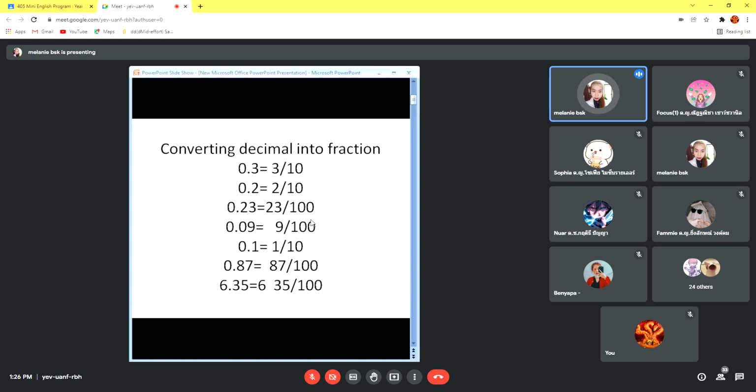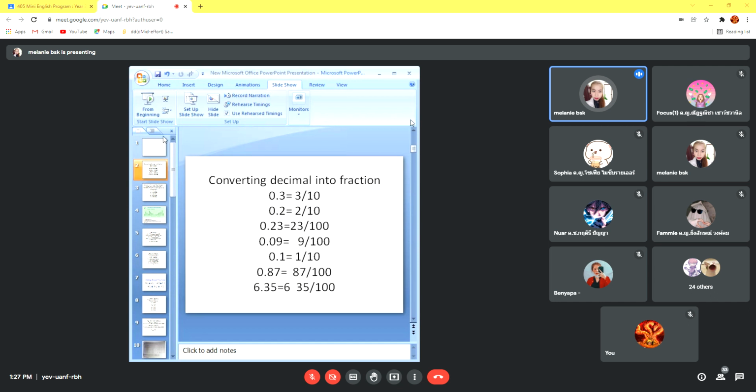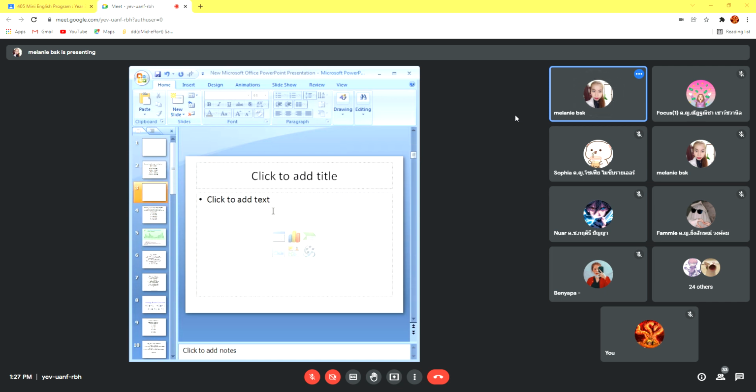Okay, so if we are done with converting decimals into fractions, we're going to move on with converting fractions into decimals. We're just going to do the counterclockwise, the opposite. We're going to check later, children.